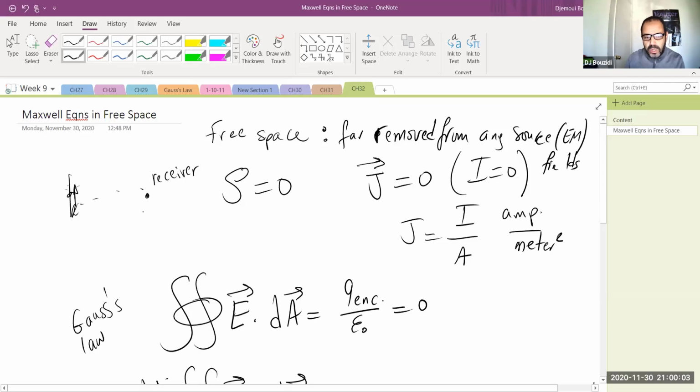Then you're going to invoke Lorentz force, and F equals ma and all of that. Lorentz force, if you guys remember, is qE, vector form of course, plus qv cross B. So at this point, we don't care for it.